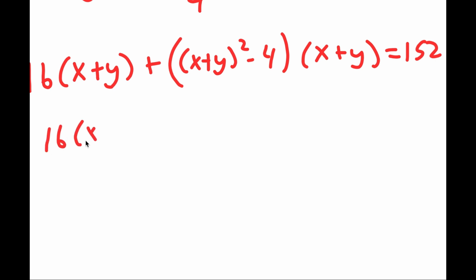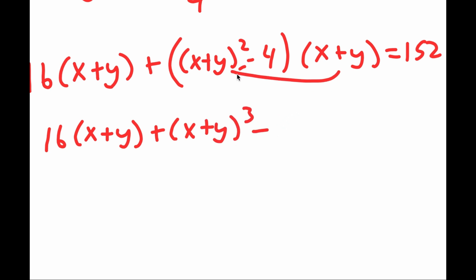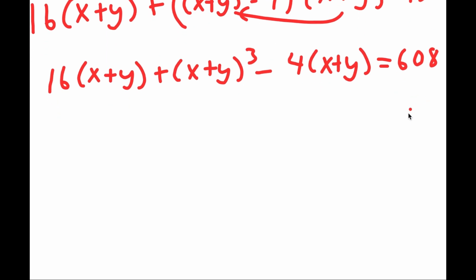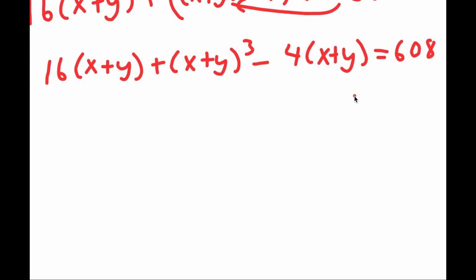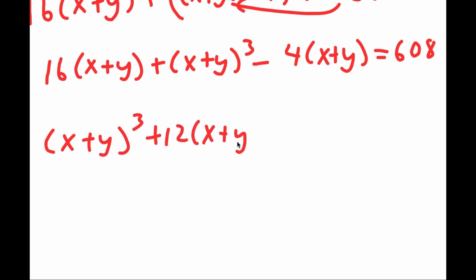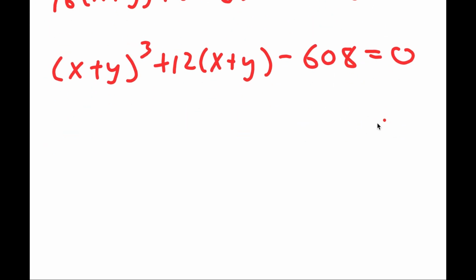Meaning 16 times x plus y plus x plus y to the power of 3, because these two multiply, minus 4 times x plus y is equal to 608. So x plus y to the power of 3 plus 12 times x plus y minus 608 is equal to 0.